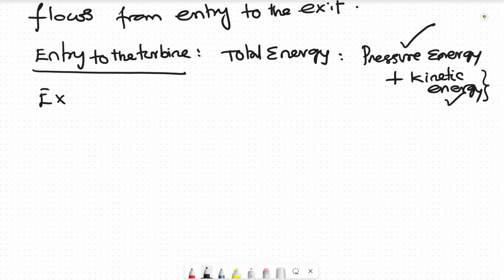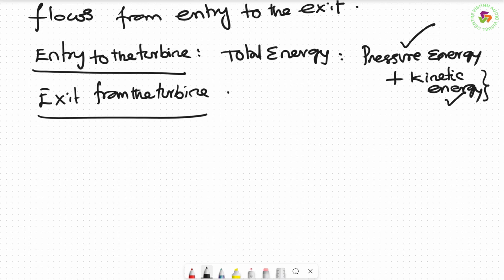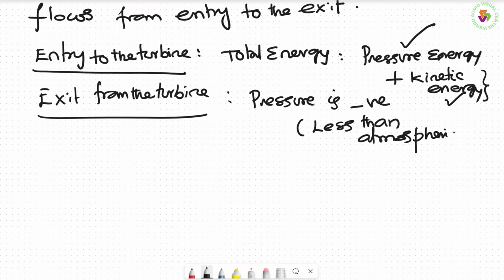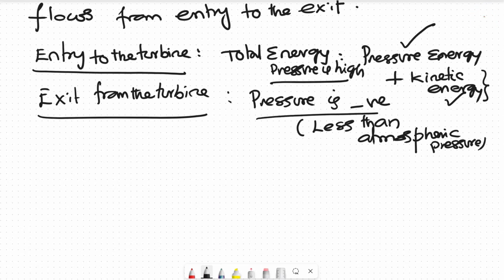If you take the exit from the turbine, pressure is negative, less than atmospheric pressure. Here the pressure is high. Here the pressure is negative. See both the things. That is the importance.